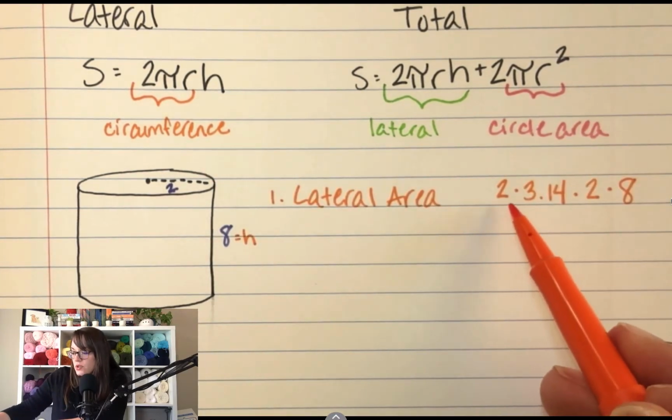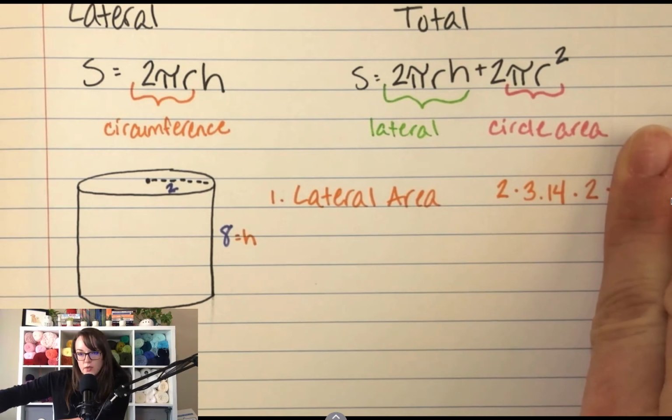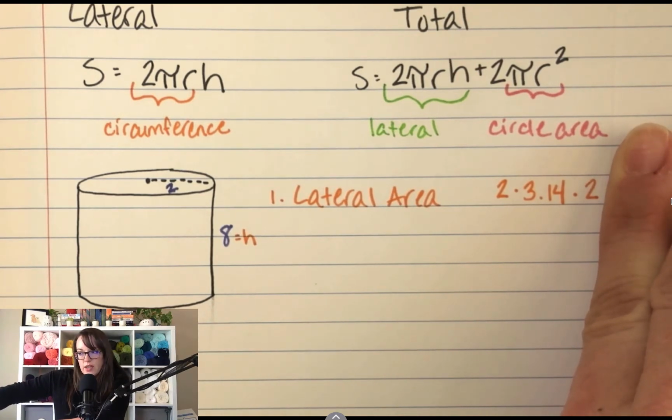All right, so 2, I know this part right here. We've done that a lot. What is 2 times 3.14 times 2 again? 12.56.